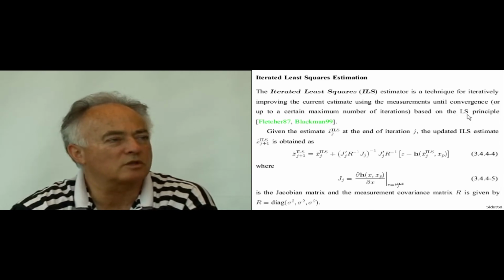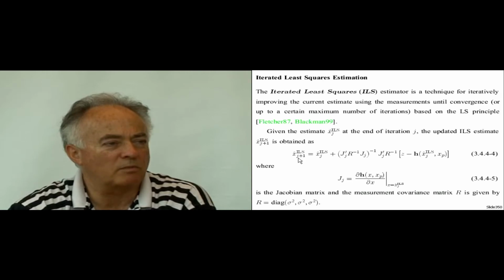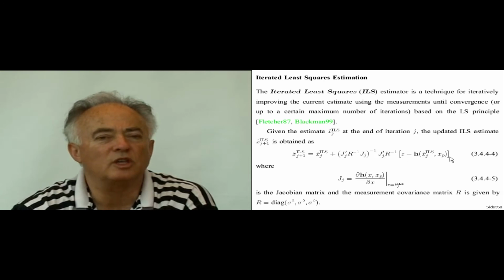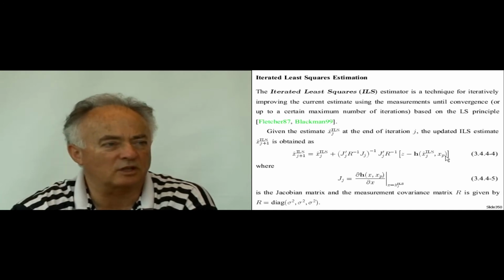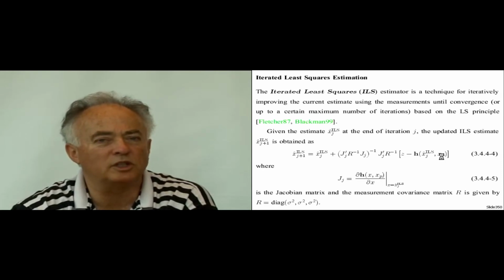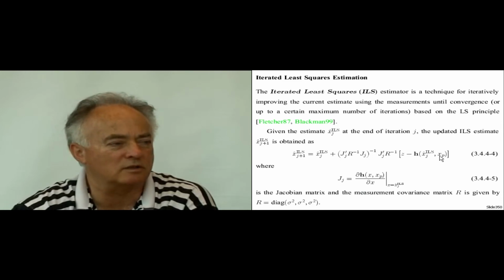So what we do in this case is, if we are given an initial estimate, the iterated least squares technique goes as follows. I have an initial estimate in the iterated least squares after iteration j, say. The next iteration, x hat j plus 1. What we are going to do is use a recursion within the iteration with a fixed data set. So this is now a batch technique on which we have to iterate because the problem is nonlinear.